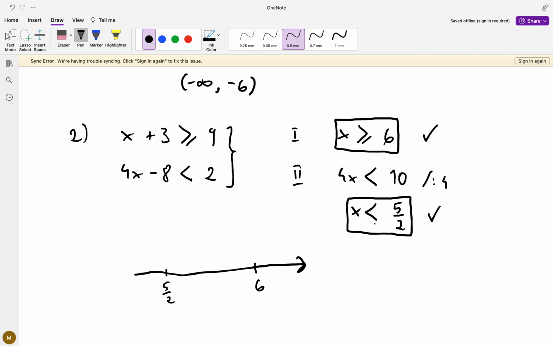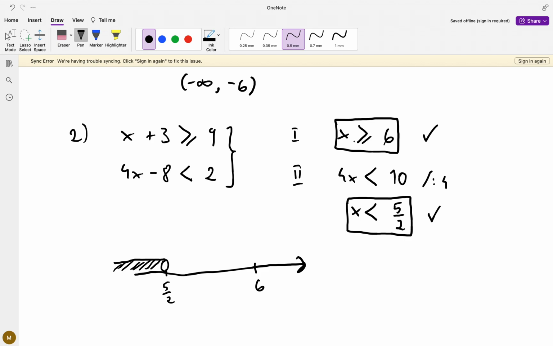Okay, so in this case, all of the x's have to be less than 5/2, and again an open circle because we didn't have an equal sign. That's for the second one.